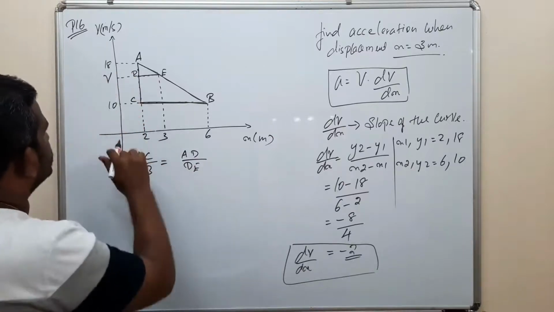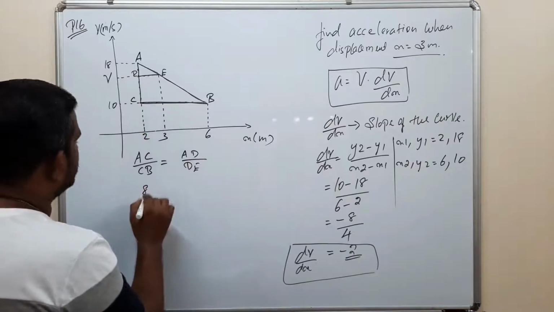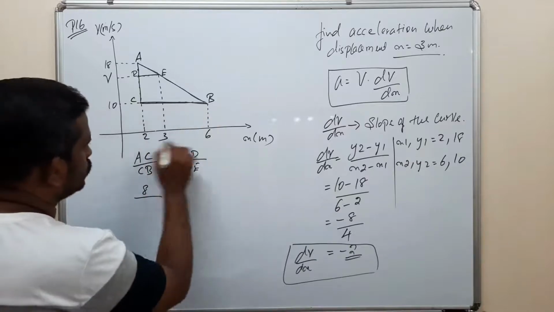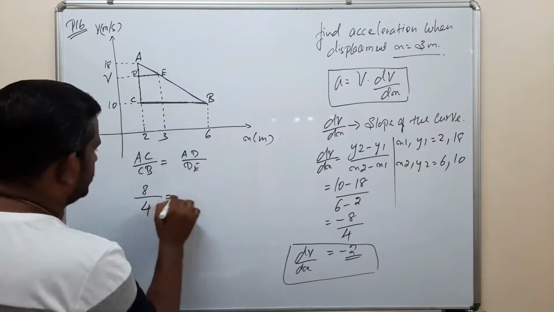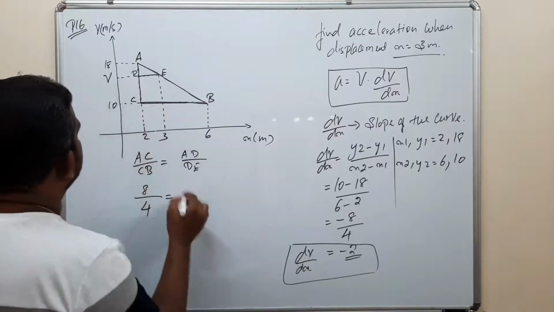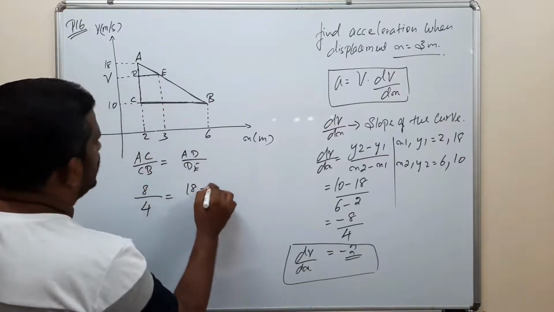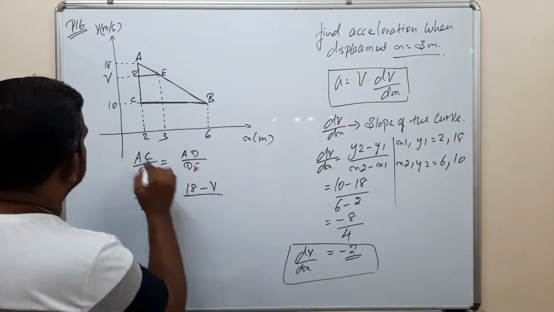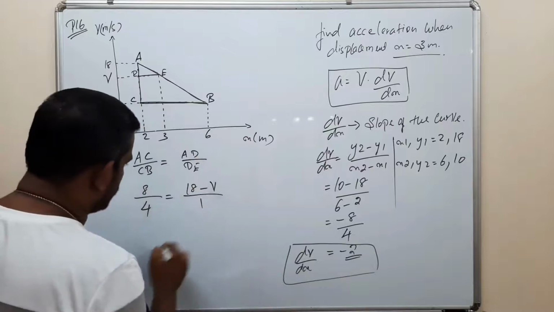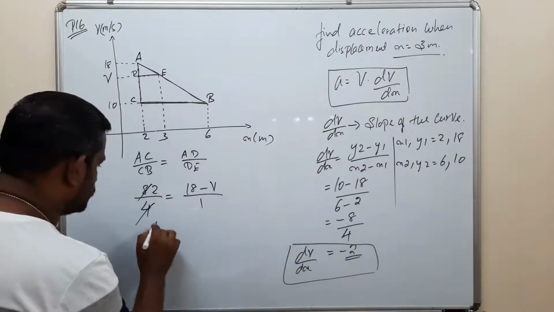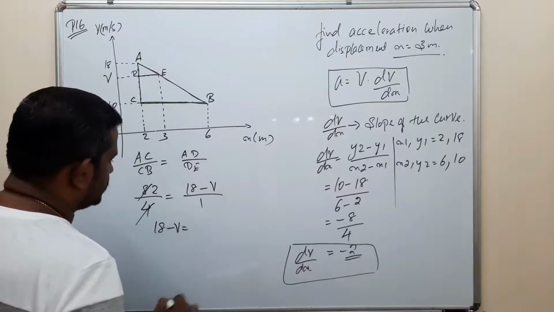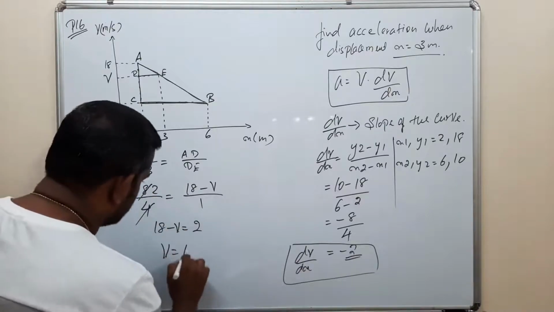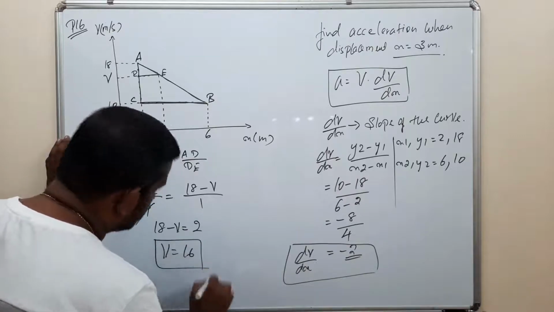AC means 18 minus 10, that is 8, by CB, that is 6 minus 2, that is 4, is equal to AD, that is 18 minus V, divided by DE, that is 3 minus 2, that is 1. So 2 is equal to 18 minus V. So V is equal to 16.